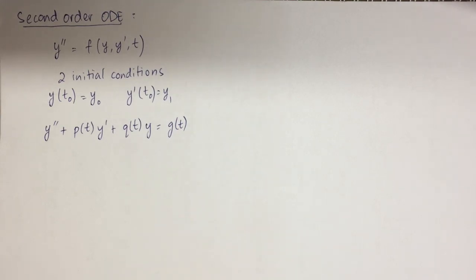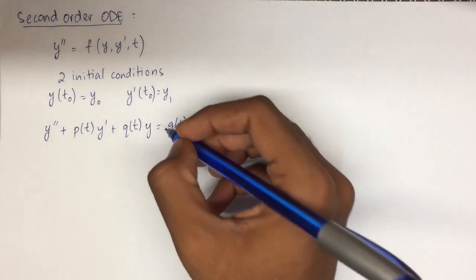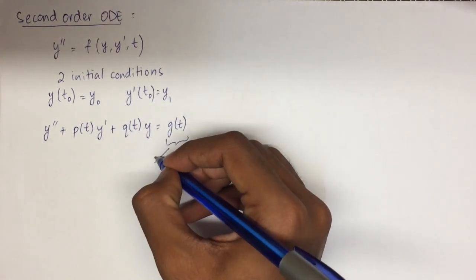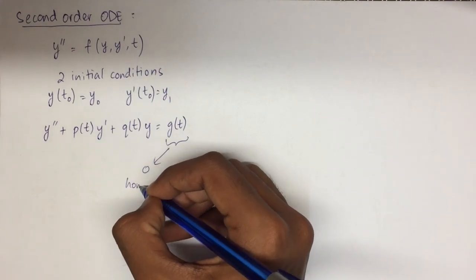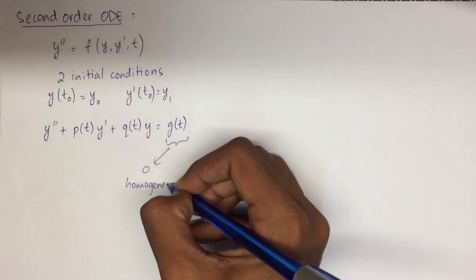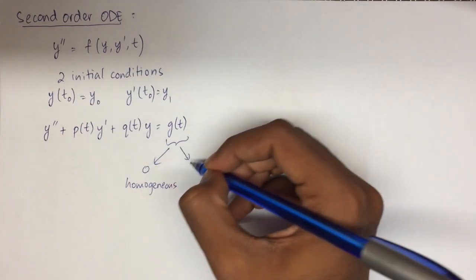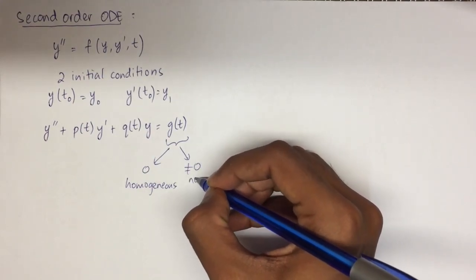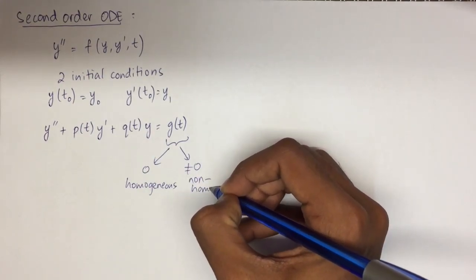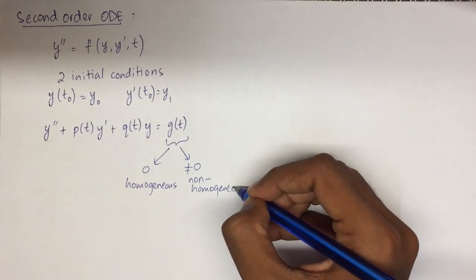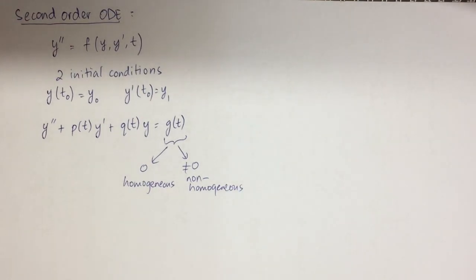And again, as usual, if g of t is 0, it would make it homogeneous, and if it was non-zero, then it's non-homogeneous. This is the same as in the previous ones.